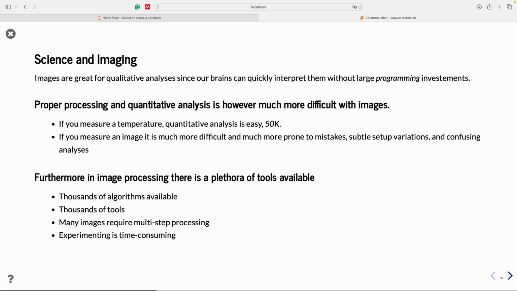And of course, we need a multi-step process in order to handle it, and testing and finding the right method. Not only the experiment itself, maybe you need to iterate the experiment, and then afterwards you have to iterate the analysis procedure as well, and that is all time consuming.